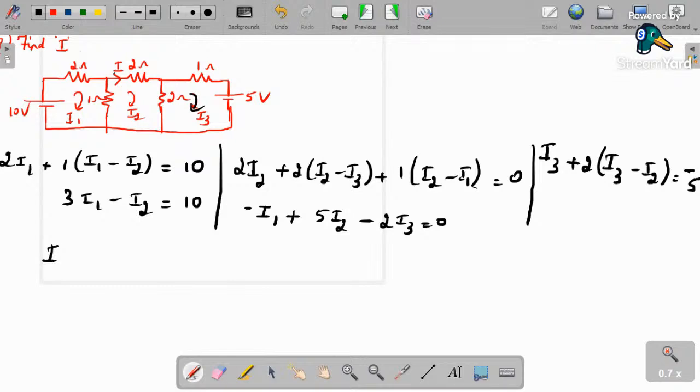So to find I2, how will you solve it? It is del 2 by del, so delta 2 na, so from the matrix this is 3, so in place of second column we'll be replacing it with the constants 10, 0 and minus 5.